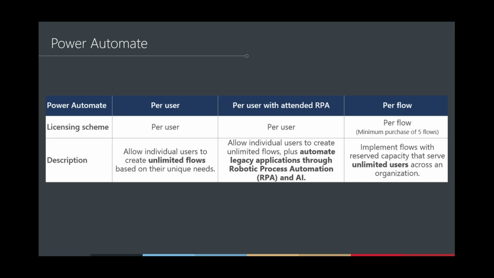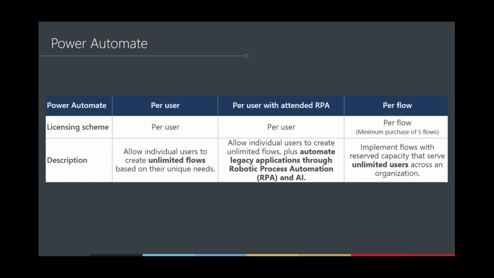So on that left hand side, the per user, which does allow those individuals to create unlimited number of flows. It is that kind of entry level. That's the one for £11, where the individual can create and run unlimited number of flows. It does support a kind of broad adoption for your users, and there's kind of minimal overhead for the admins because the users are kind of managing it all.